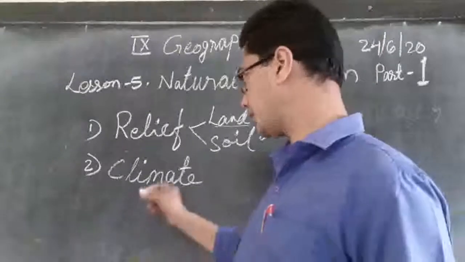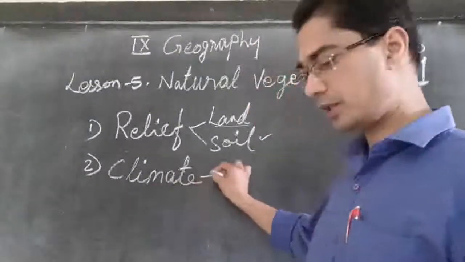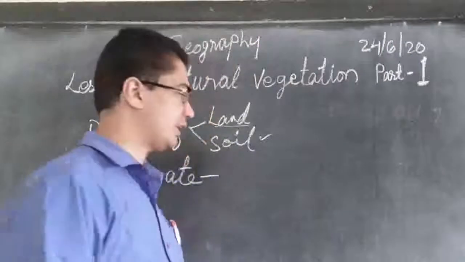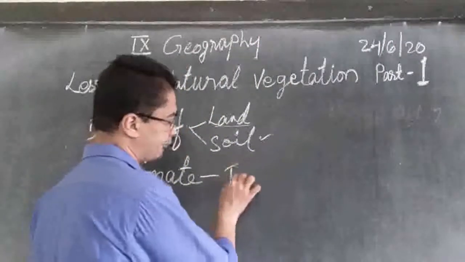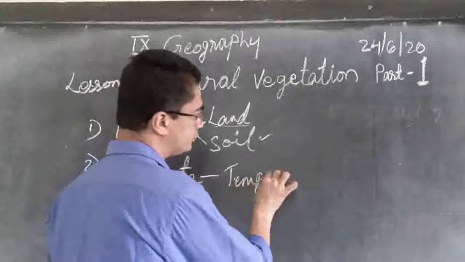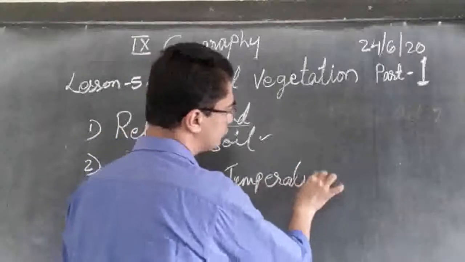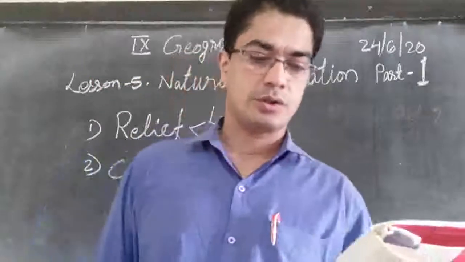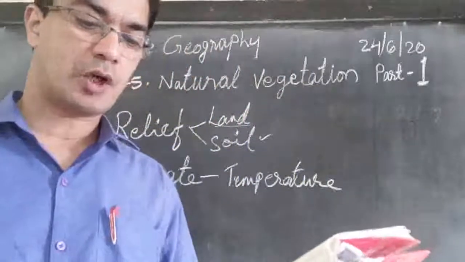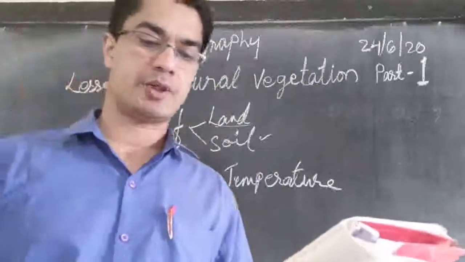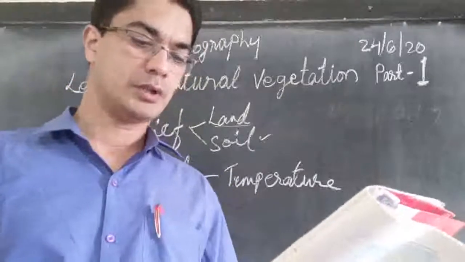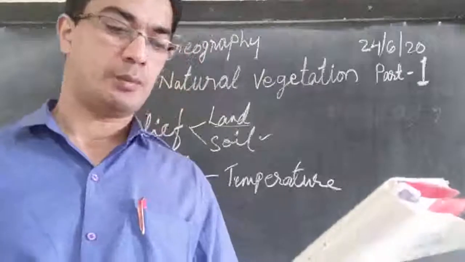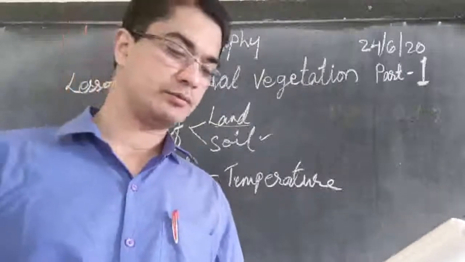Now let us see another one that is influencing, that is climate. Under climate there are so many aspects. One is temperature. The character and the extent of vegetation are mainly determined by temperature, along with humidity in the air, precipitation and soil.